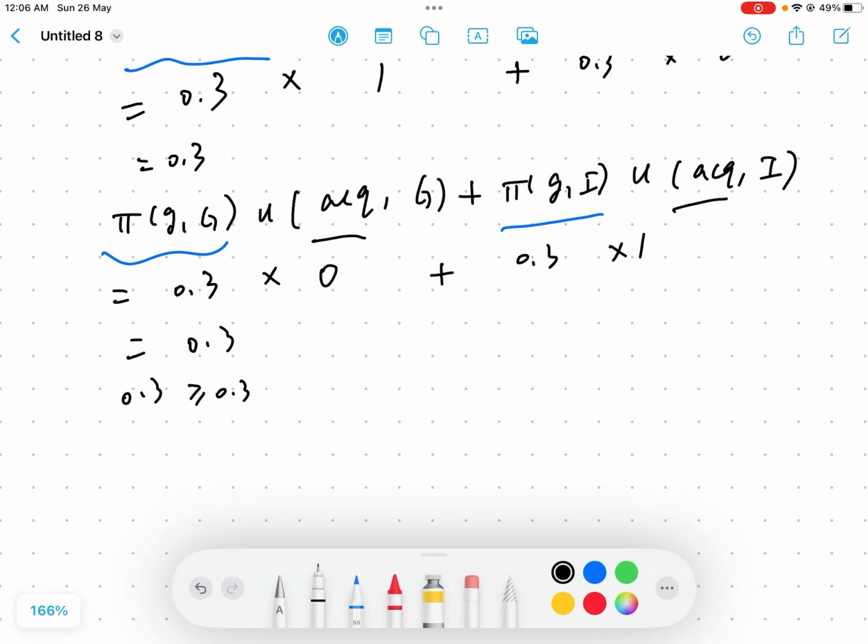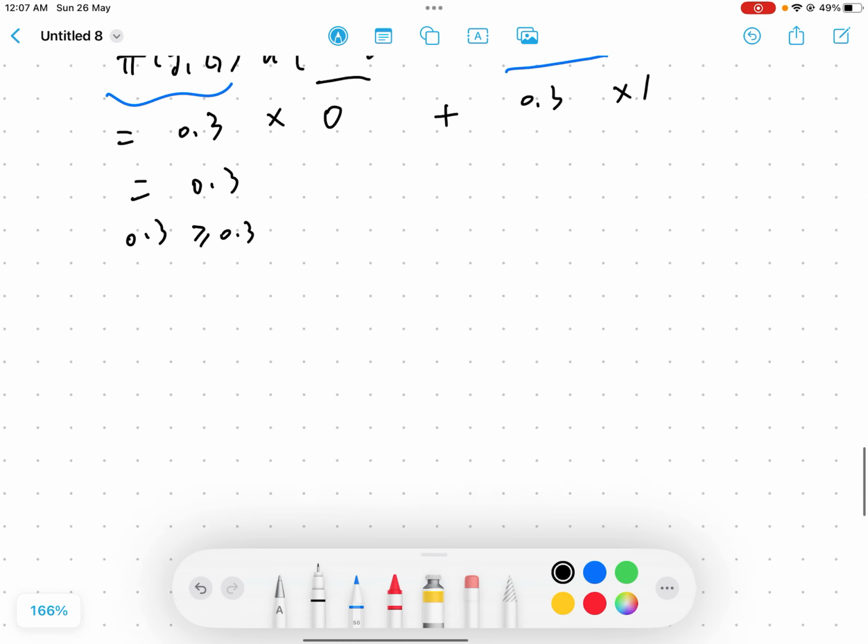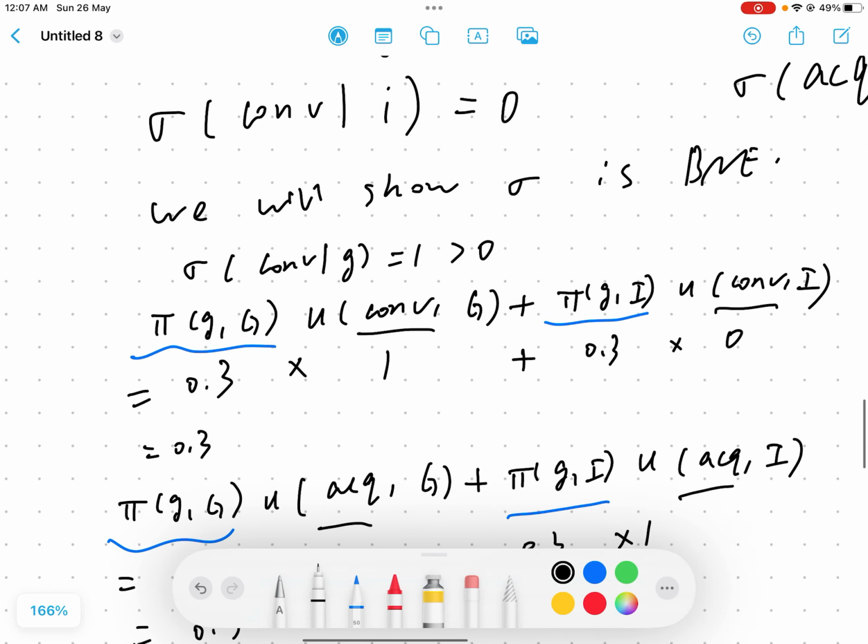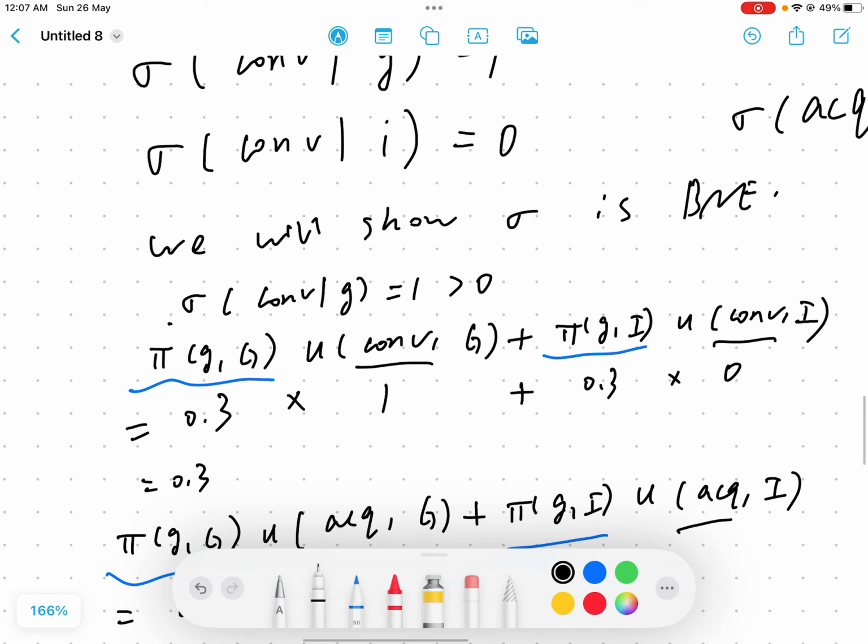But this is just the first part, and we still need to check the other part. Now let's do that. This was for sigma of convict given small g.